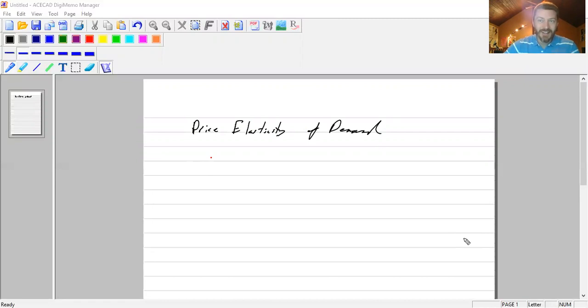We're going to talk about different elasticities later on, but we're starting off by talking about how responsive changes in quantity demanded are to changes in price. That's what elasticity refers to. So let's start off by showing a few contrasting examples.